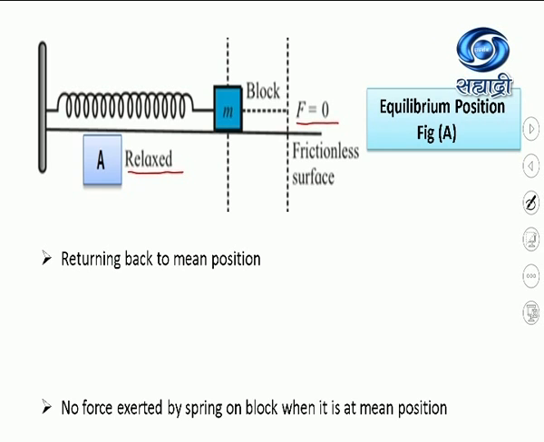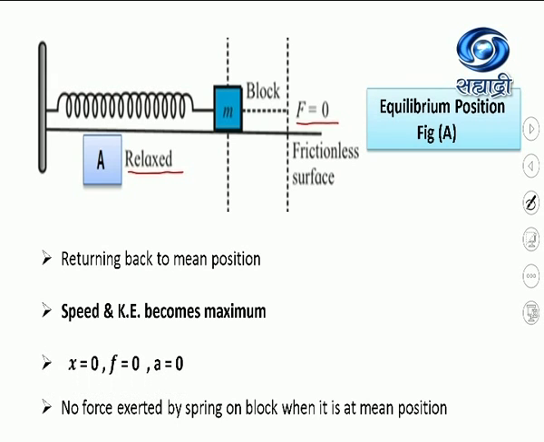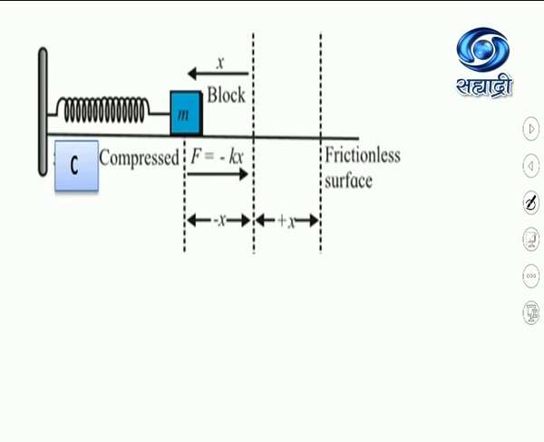Because of the acceleration experienced, the block has reached its mean position. But over here the speed of the block has increased and it has become maximum at the mean position. Hence the kinetic energy of the block is also maximum, because of which it doesn't stay there and it moves towards the left extreme position, compressing the spring, which can be observed here on screen.